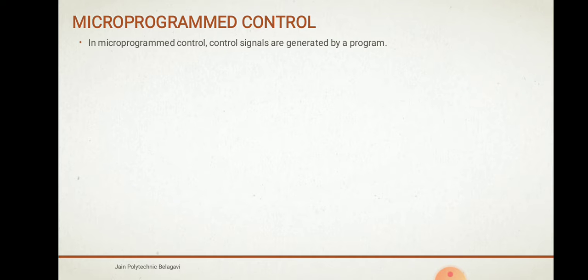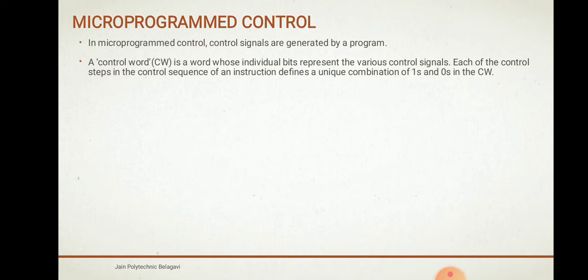Now what is microprogram control? In microprogram control, the control signals are generated by a program. The control word is a word whose individual bits represent the various control signals.